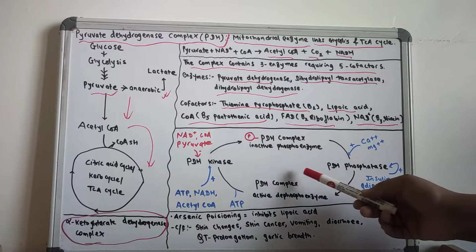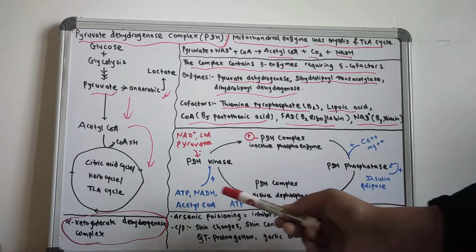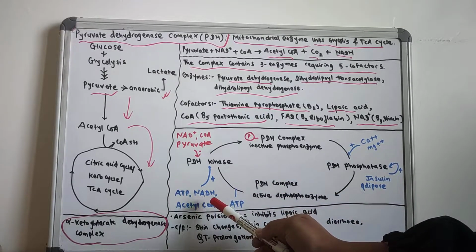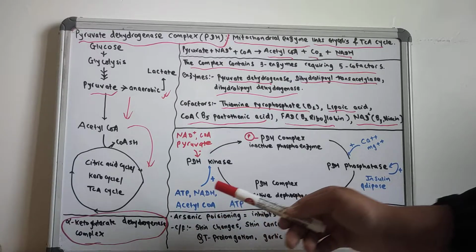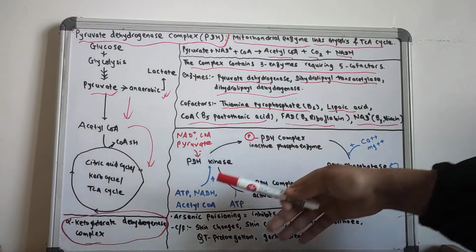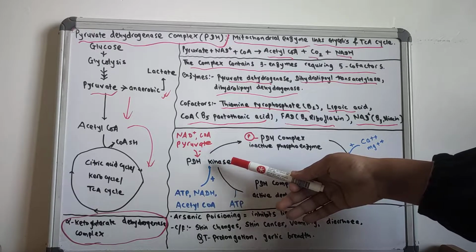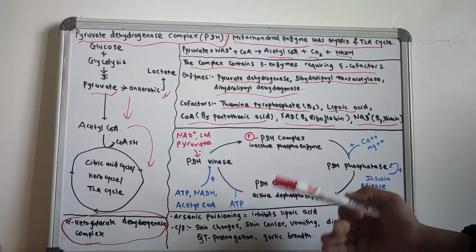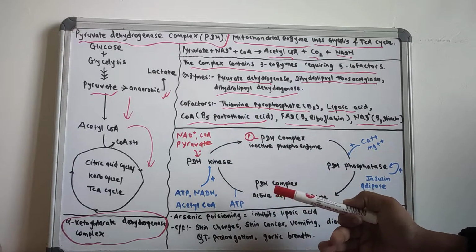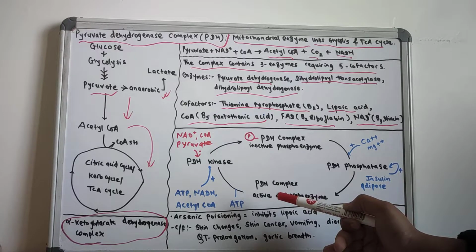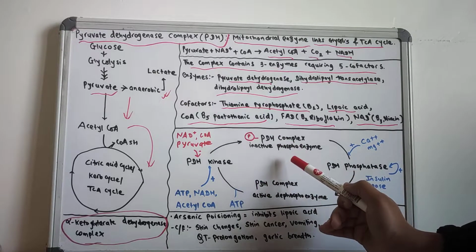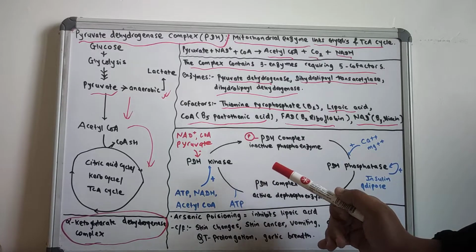That means NAD plus, coenzyme A and pyruvate enhance the action of the pyruvate dehydrogenase complex, whereas ATP, NADH and acetyl coenzyme A enhance the activity of the pyruvate dehydrogenase kinase, and it helps to make the active pyruvate dehydrogenase complex into the inactive complex.